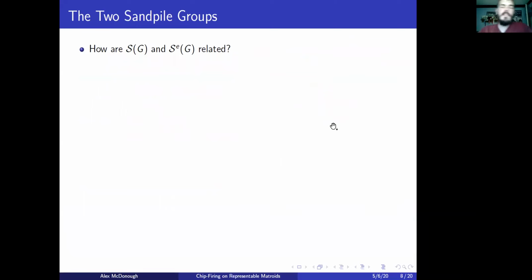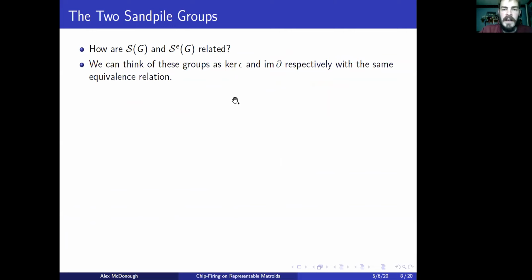So now we can actually look at how the sandpile group and the edge labeled sandpile group are related. The sandpile group is dealing with cyclic chip configurations, so it's the kernel of epsilon. The edge labeled sandpile group is saying any 2 edge configurations with the same boundary are considered equivalent, so we're really working with the image of del, not all of C1 in this case.